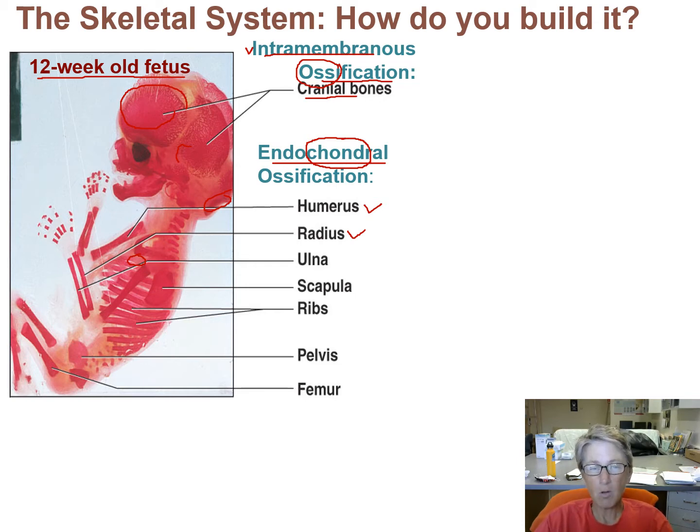In endochondral ossification, you lay down a cartilage template, and then you turn that cartilage template into bone, and you make all these various bones. In intramembranous ossification, you don't use a cartilage template. You use a sort of membrane to make your bone.